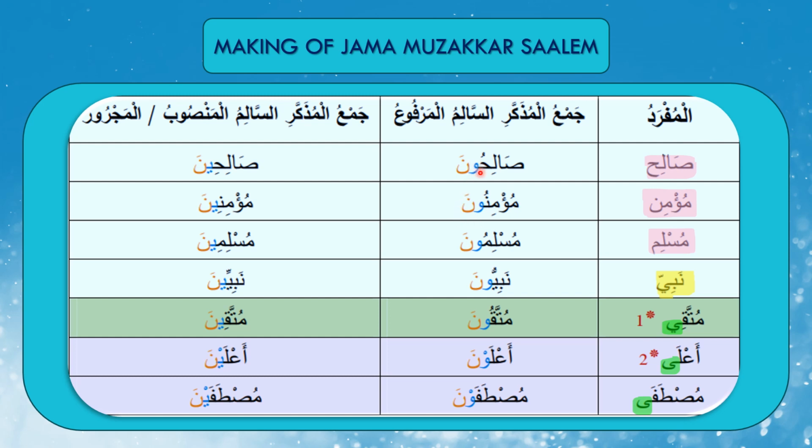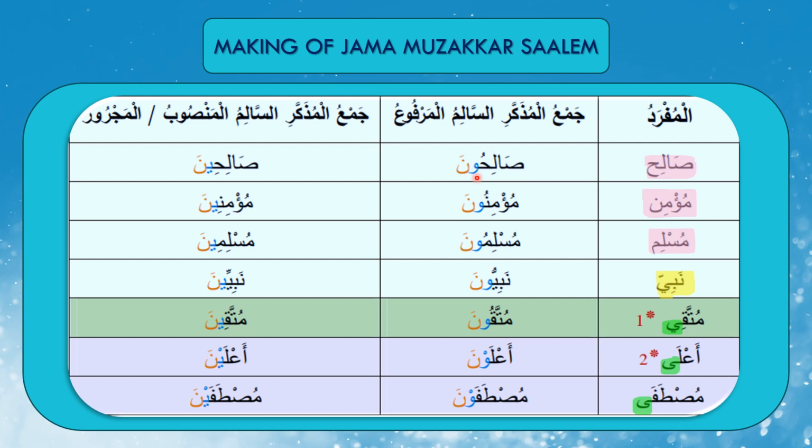And in all these jama muzakkar, do you see any haraka over the waw? This shows that this waw is a long vowel. And you know that if waw comes as a long vowel, it comes with the previous letter having the corresponding haraka.